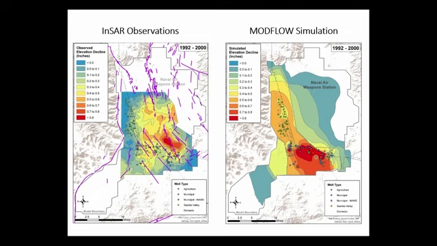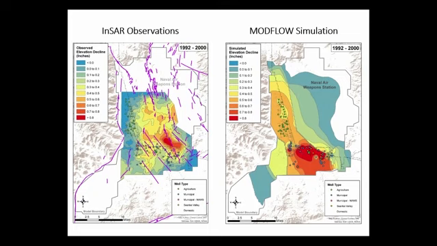The red color is the areas of higher subsidence, the blue is less subsidence. And the area that is shown was what was available from the radar data in order to make the calculations. Due to cloud cover and other issues, it couldn't cover the entire model domain.